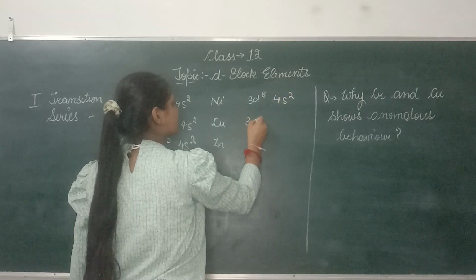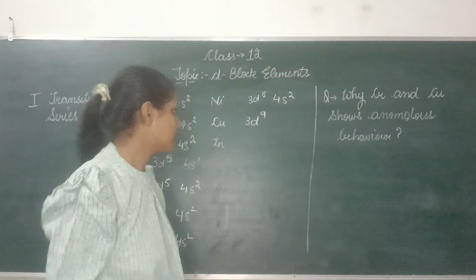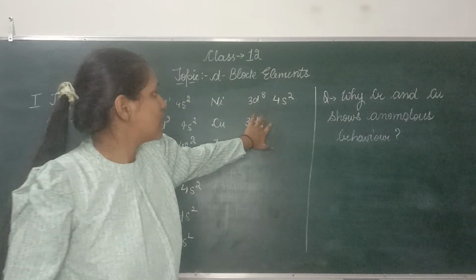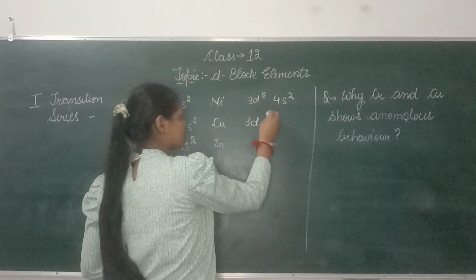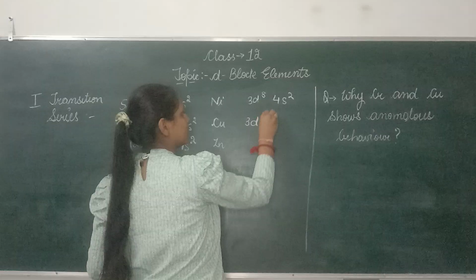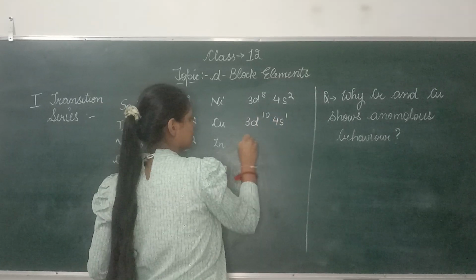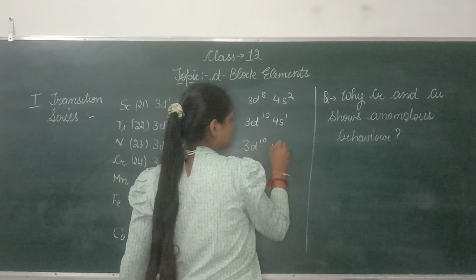Again, instead of 3d9, the d subshell will occupy one electron from the s orbital and it will become 3d10 4s1 for copper.